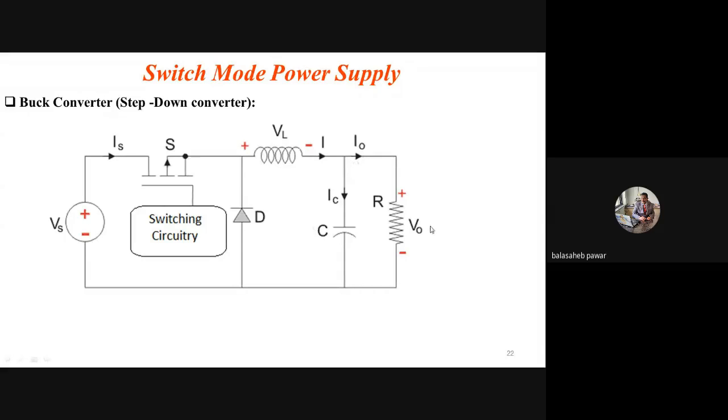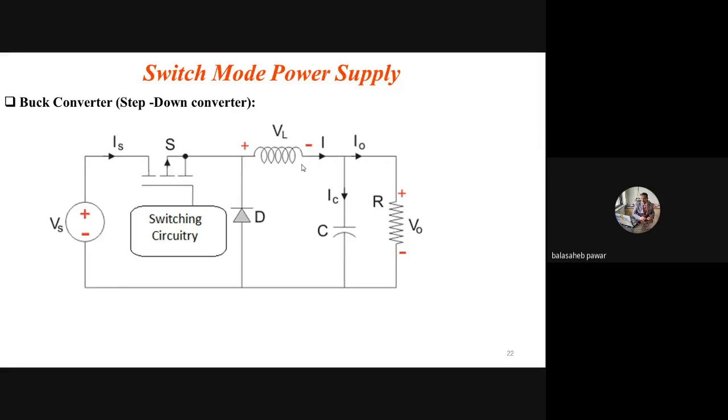So see, over here, if you consider this node, the incoming current is I, that is the inductor current, and the outgoing currents are two, that is IO provided to the load, and another one is the capacitor getting charged, right? Now when the switch gets open, what happens? As you are already familiar, whenever the current flowing through the inductor gets stopped, the polarity of the energy stored by the inductor gets reversed.